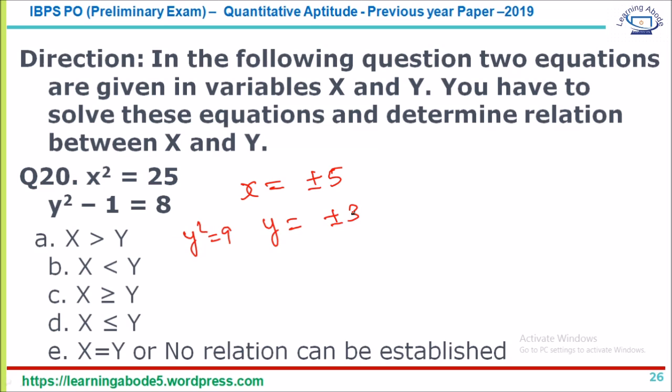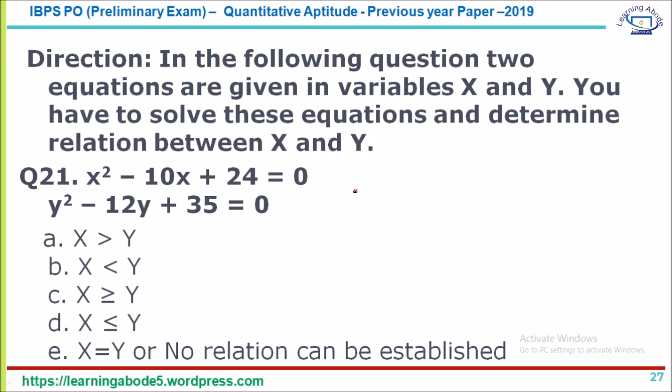So y can be plus 3 while x can be minus 5, or x can be plus 5 while y can be minus 3. So you can't really compare the two. So no relationship can be established. Answer option E.